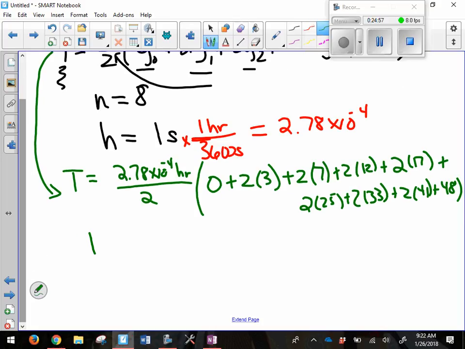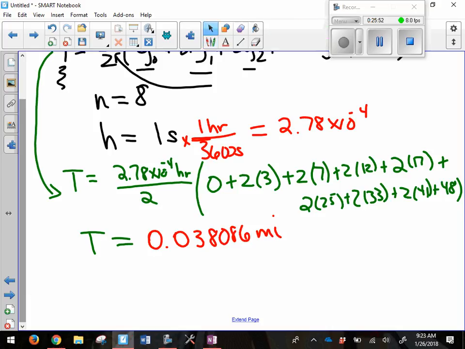And if we do all that math, what are we going to get? And that's going to be miles, although that's not the same number of miles as I got.